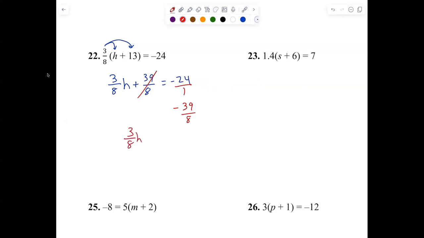So what do I have to multiply 24 by to get a common denominator? Come on, say it. What's the denominator? Well, if I multiply 1 times 3, that's gonna give me a 3. Yes, multiply by 8, right? Because you want the bottom to be an 8. Do you agree or not?